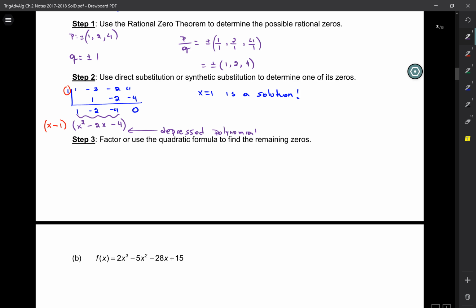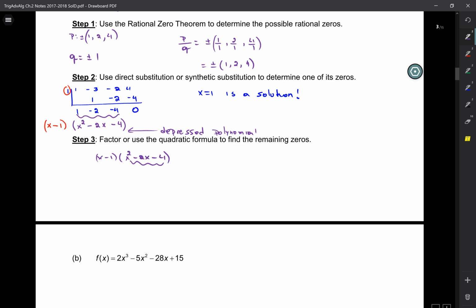Now you have to factor the depressed polynomial or solve it somehow and get the other zeros. So let's rewrite that here: x minus 1, times x squared minus 2x minus 4. Now, we need to solve this.